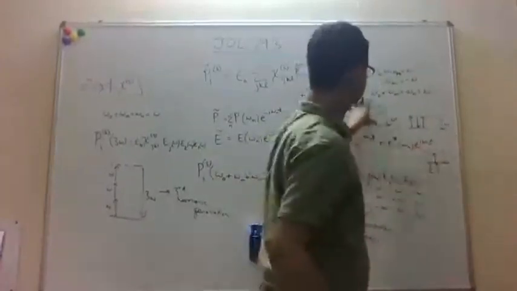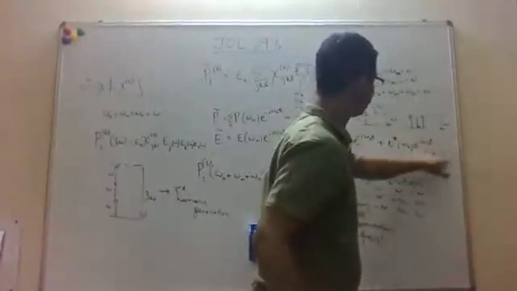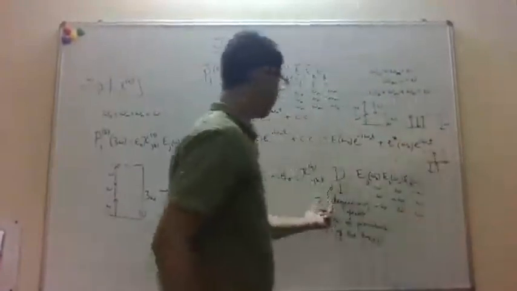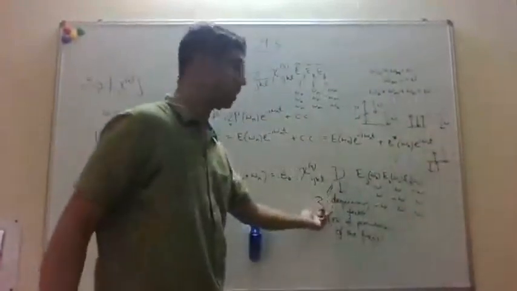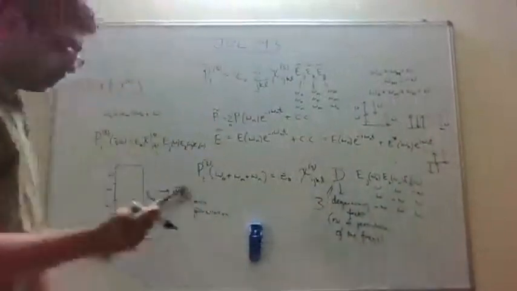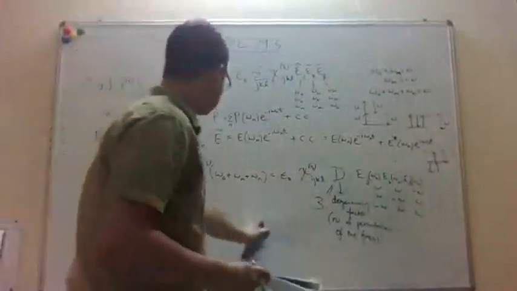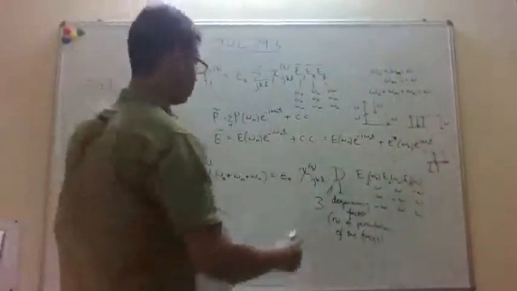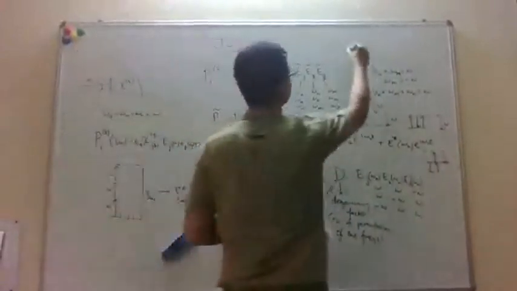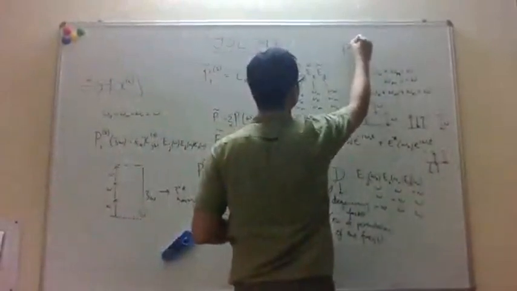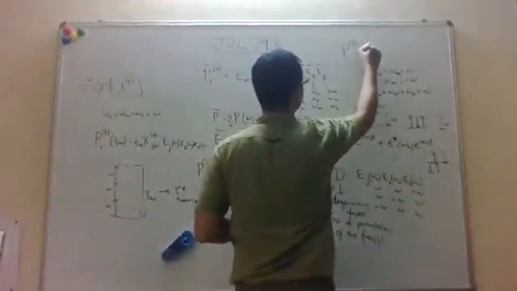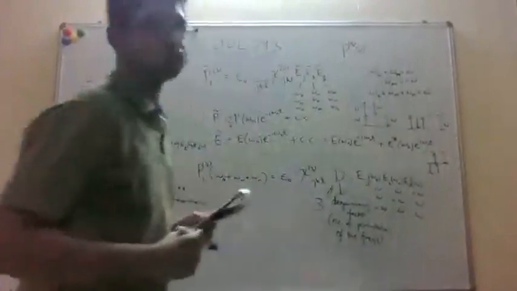That will be this last. So I have three different ways of getting this output frequency omega. So that's why I have this degeneracy factor 3. Okay. And so the expression for this would be, so I have the third order polarization, which is at frequency omega. Right? The output frequency is also omega.